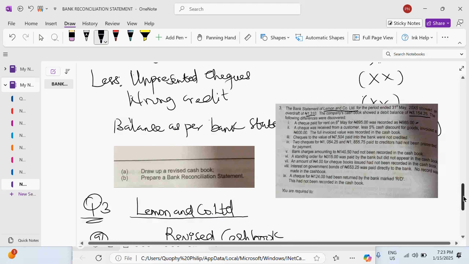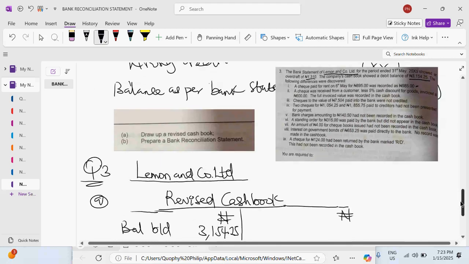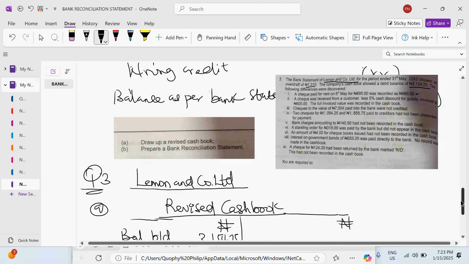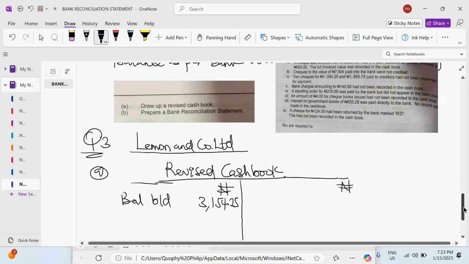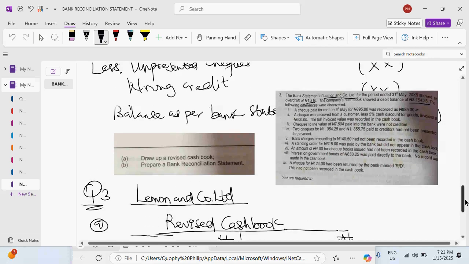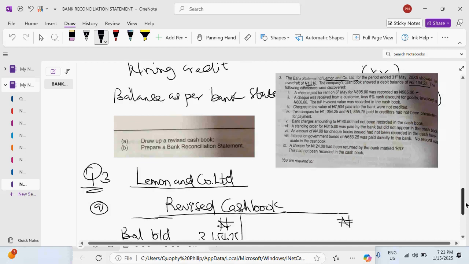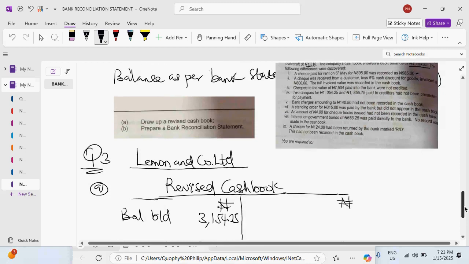Overstated. It's 895, but you made an error by recording 985. So that is an overstatement. If it has been overstated, what do you think will be the correction?